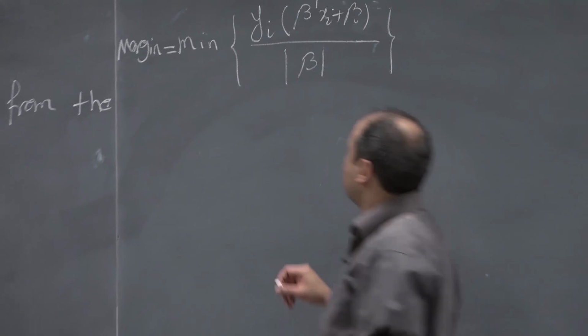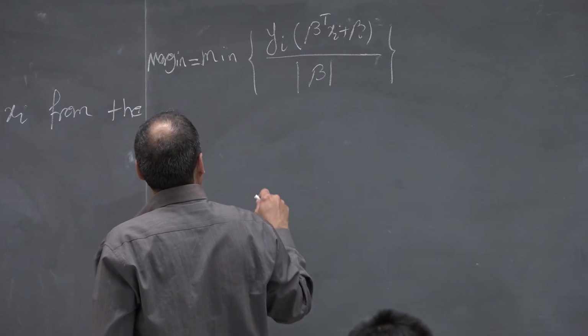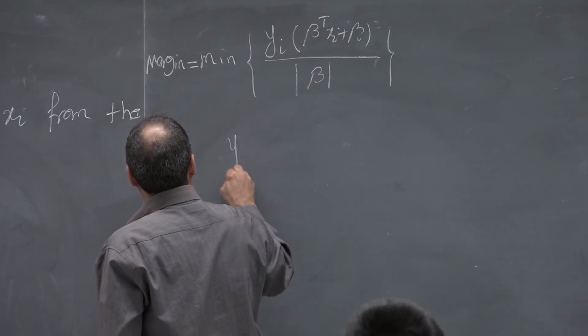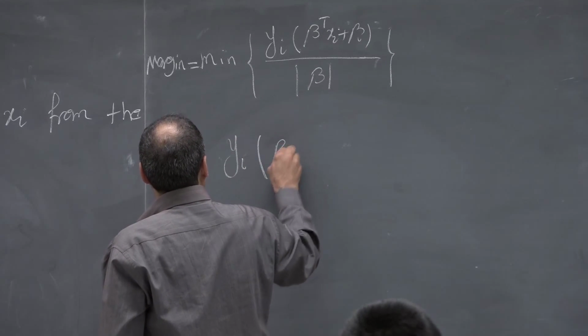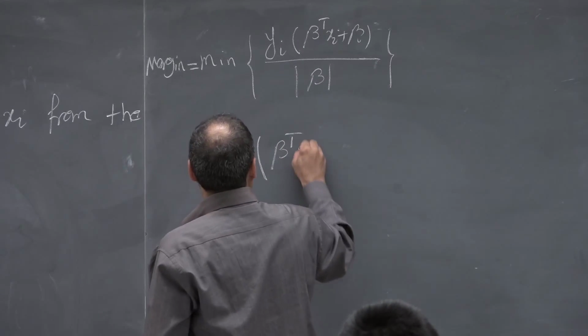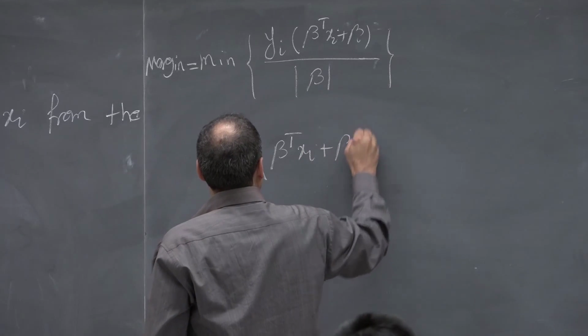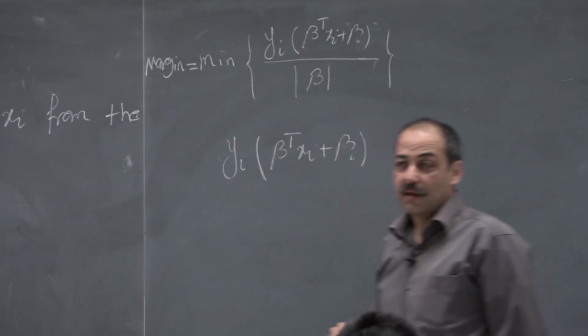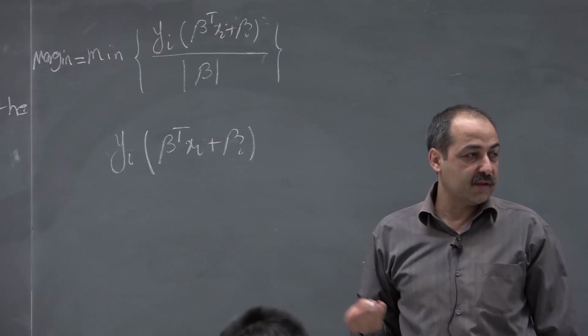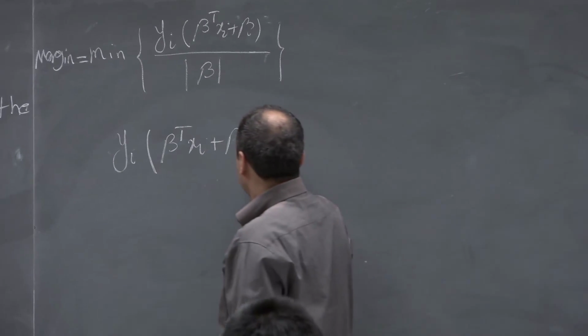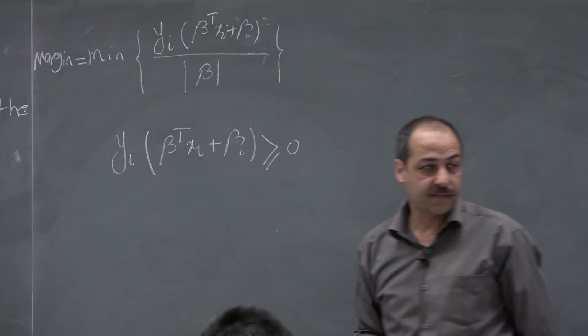Okay, now yi times beta transpose xi plus beta null is either 0 or greater than 0. It's a distance, right? It's always non-negative.